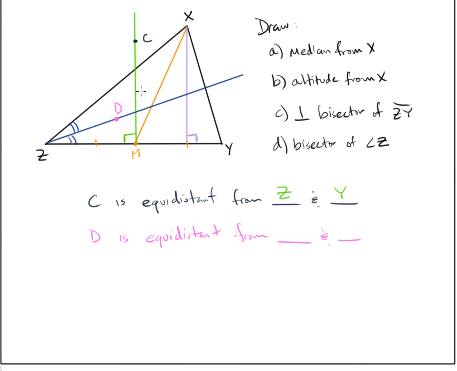So what that means is that if I go from D over to this side of angle Z, or from D over to this side of angle Z, remember, when I measure the distance from a point to the side, I do it along a line that is perpendicular to the side of the angle. That would mean that these two segments are congruent, or in this case, that D is equidistant from segment ZX and segment ZY. All right?